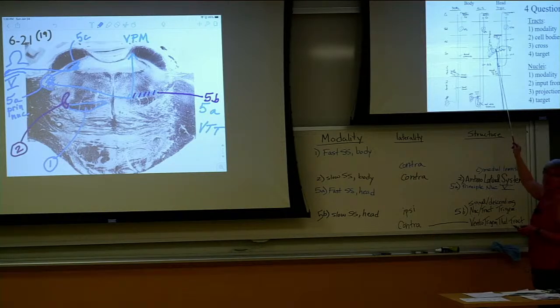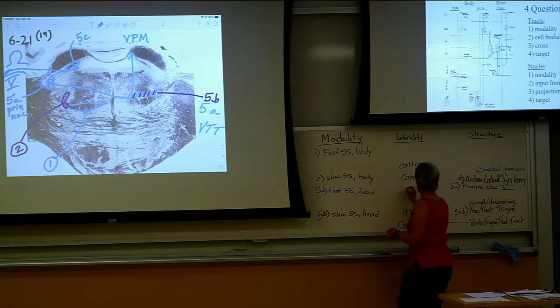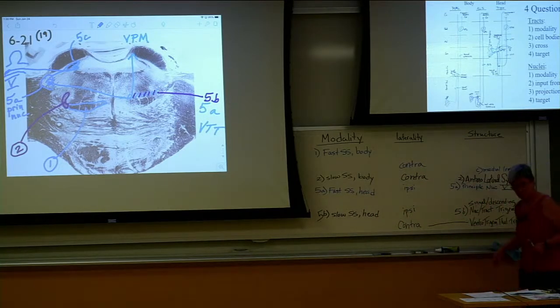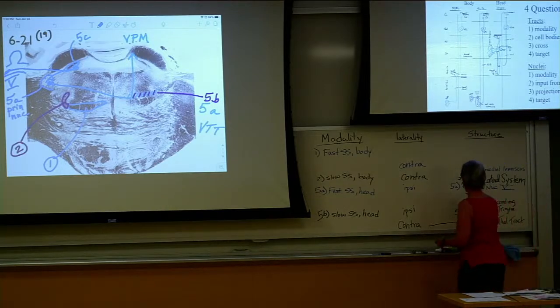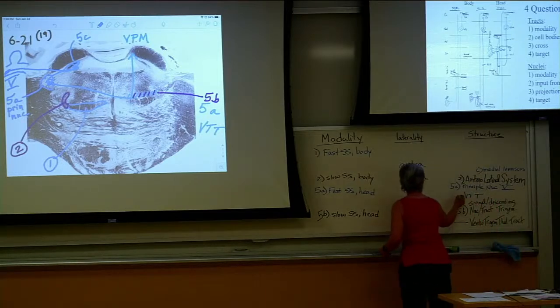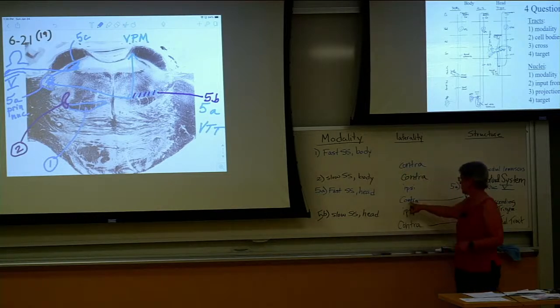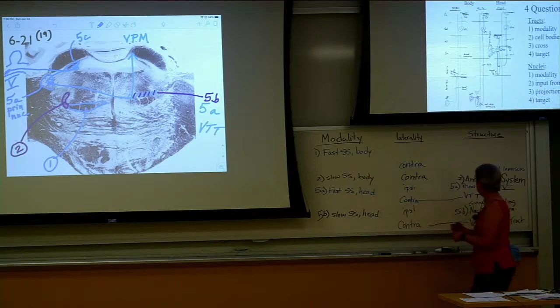Pause if you need to. It's coming from the ipsilateral head. That information originates in the ipsilateral head and it makes its first synapse right there. So this is going to be ipsilateral. Then those axons cross the midline and ascend in VTT. So we're also going to have VTT. And of course, it's just crossed the midline, so that information originates in the contralateral head.